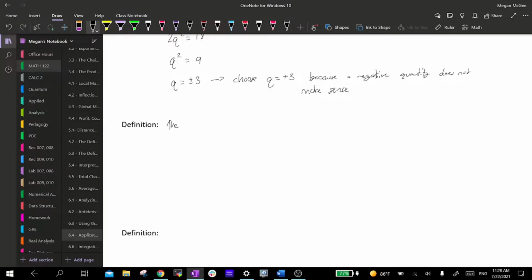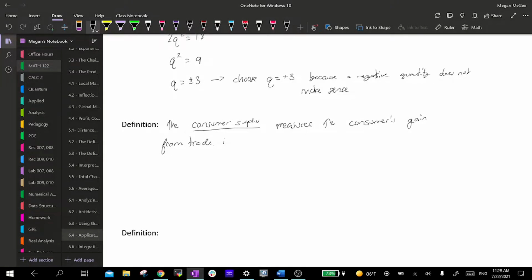So the consumer surplus, these are a little bit lengthy definitions here, measures the consumer's gain from trade.